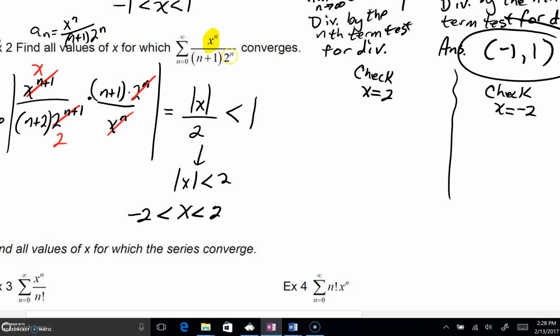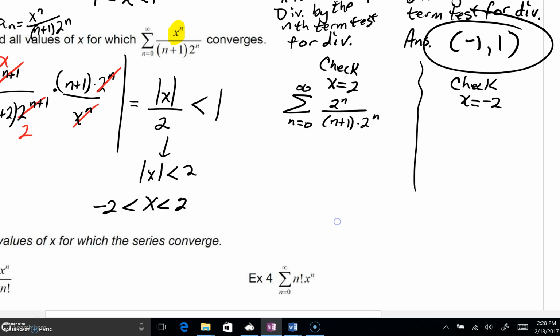If I plug in x equals 2, guys, again, what is very, very helpful is to start with the positive termed series. If I plug in -2, by the way, I'll get -2 to the n divided by n plus 1 times 2 to the n.